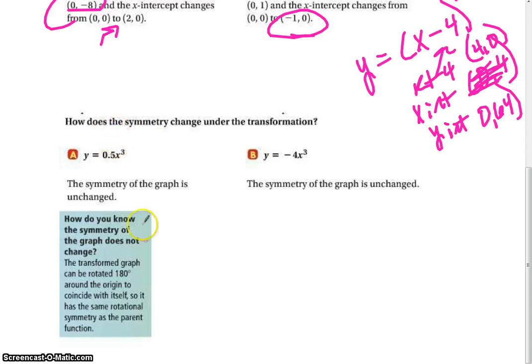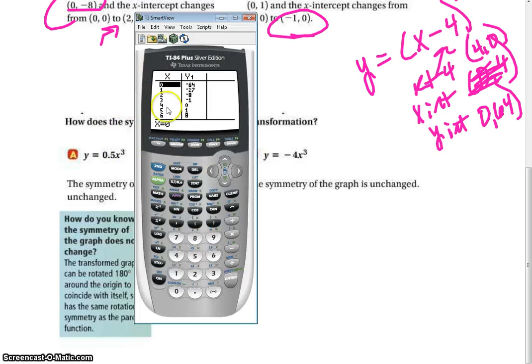So if you look at this one and you put it in your calculator at y equals 0.5x³, and you go to zoom 6 and look at your graph, if you rotate it around the origin, it still hits itself, and so it's unchanged.